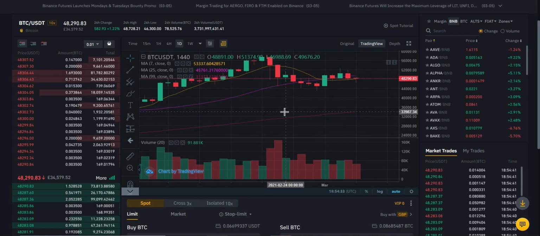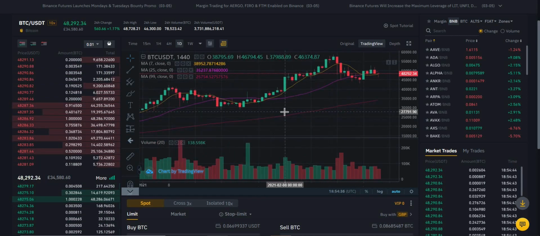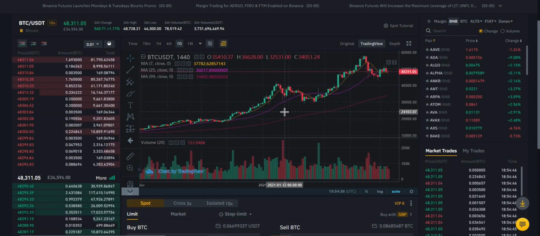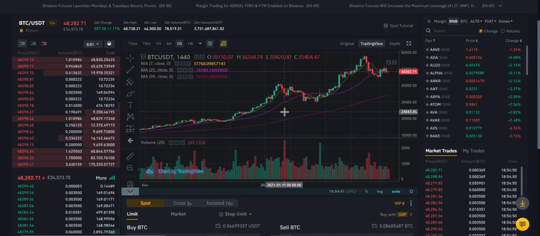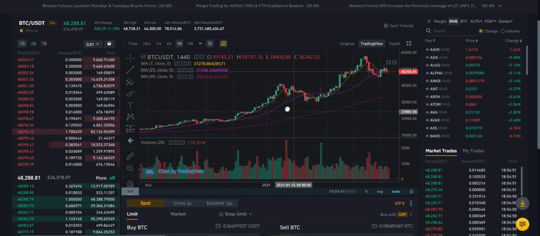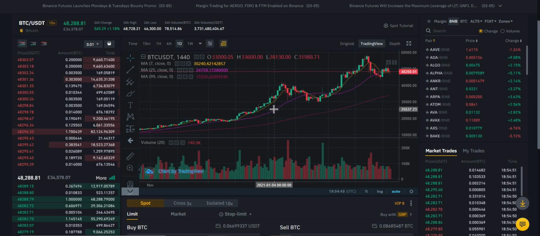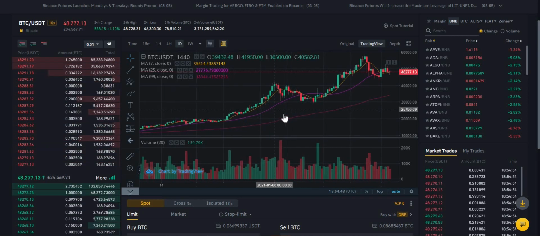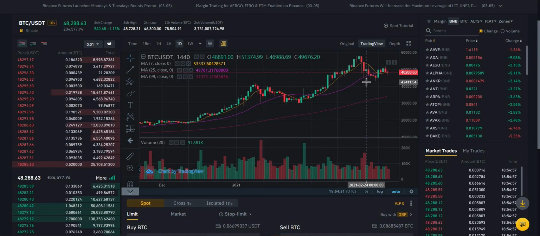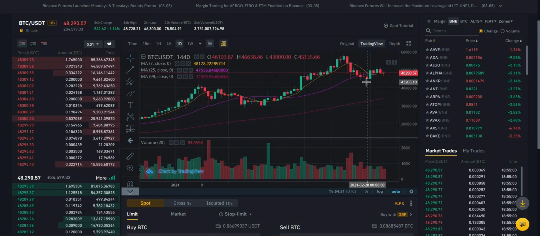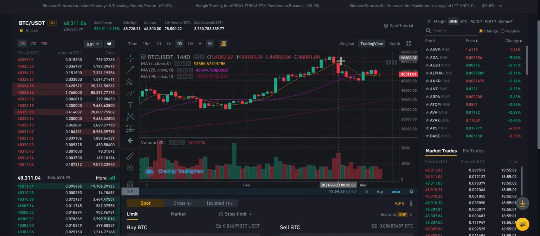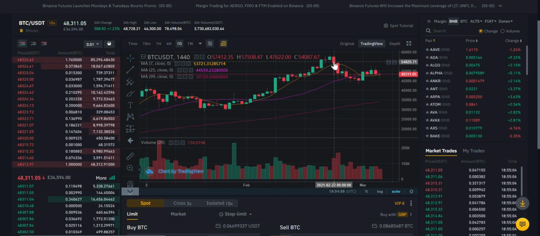And my strategy is to use limit orders to buy dips. What tends to happen in the crypto market is that because of the volatility, you can have a crazy dip in price. For example, let's have a look at this day here, which is the 22nd of February.